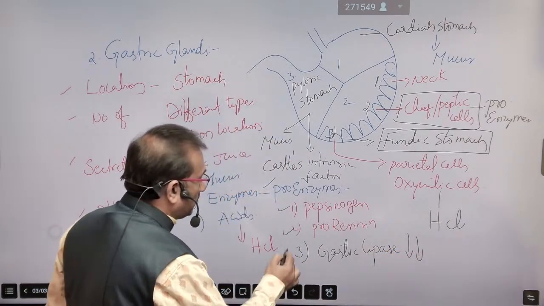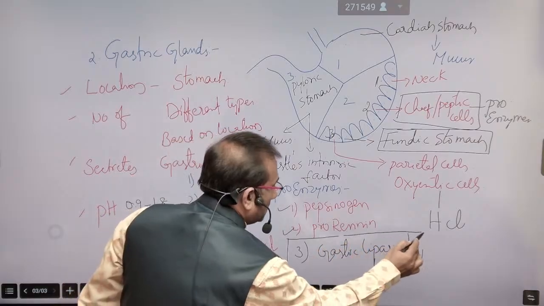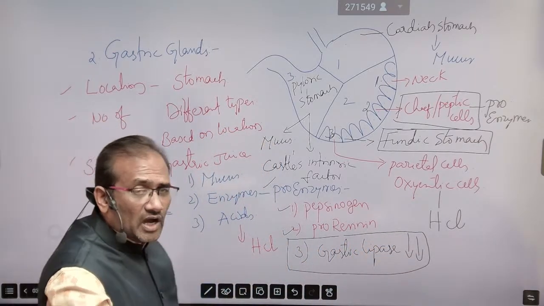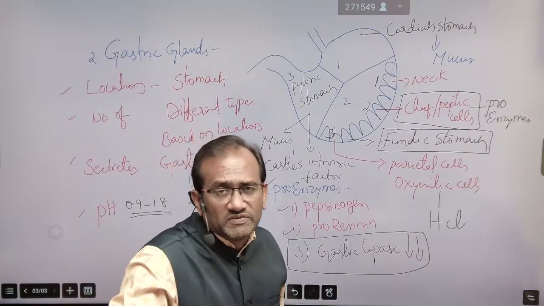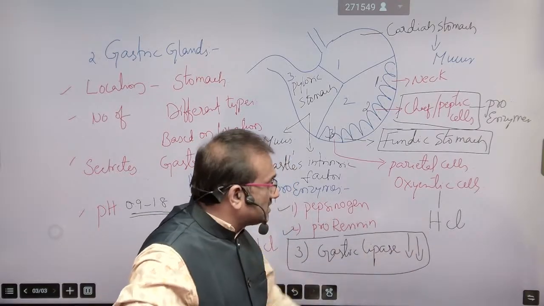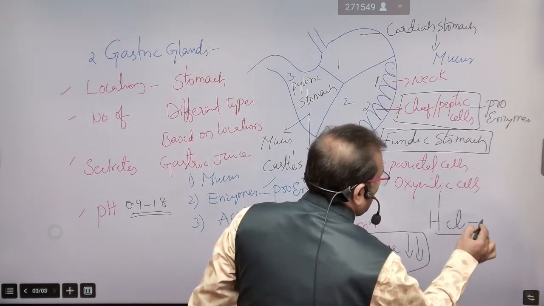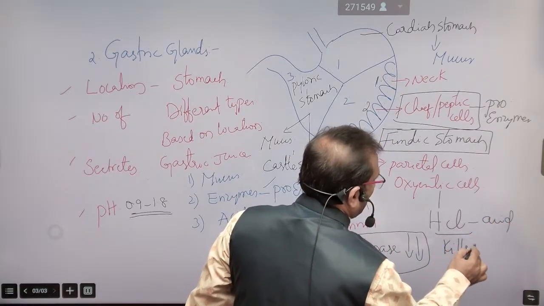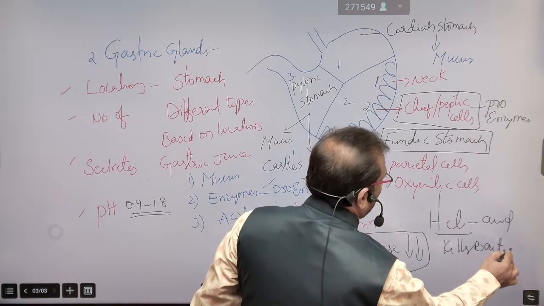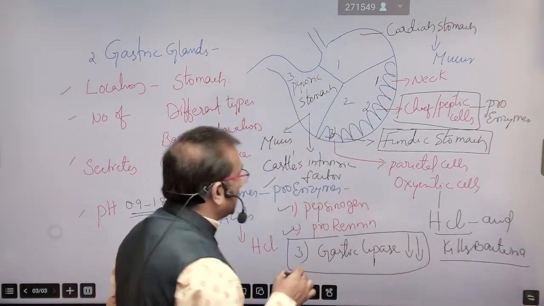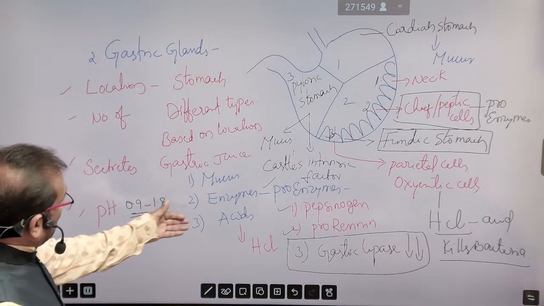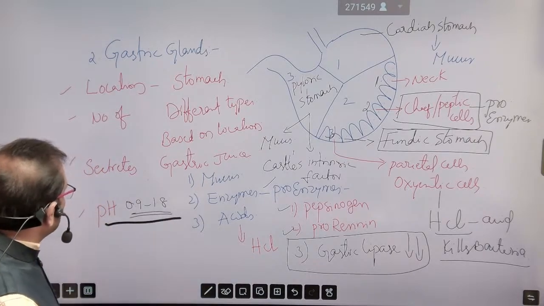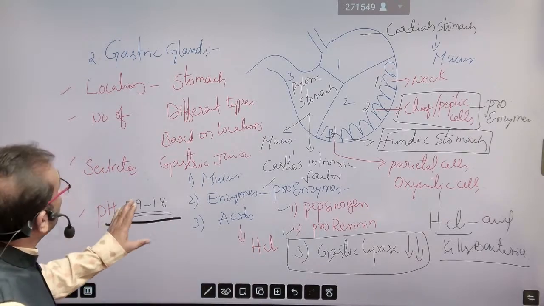That's why some books do not mention this point, but some amount of gastric lipase is also secreted from the chief cells and peptic cells. This HCl is a very strong acid, and it kills bacteria. Based on this HCl, the pH of gastric juice is 0.9 to 1.8.